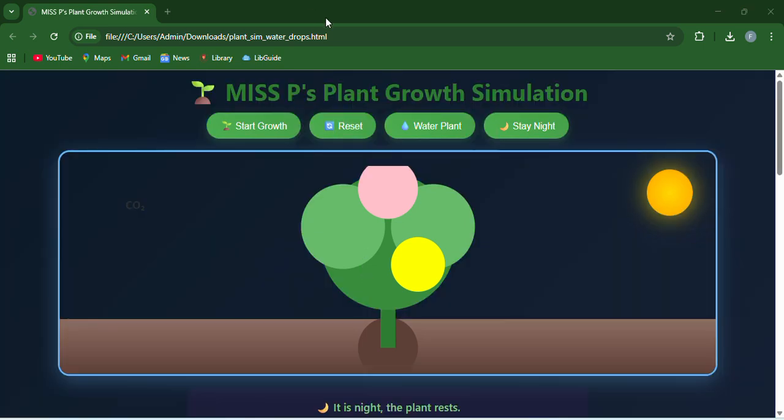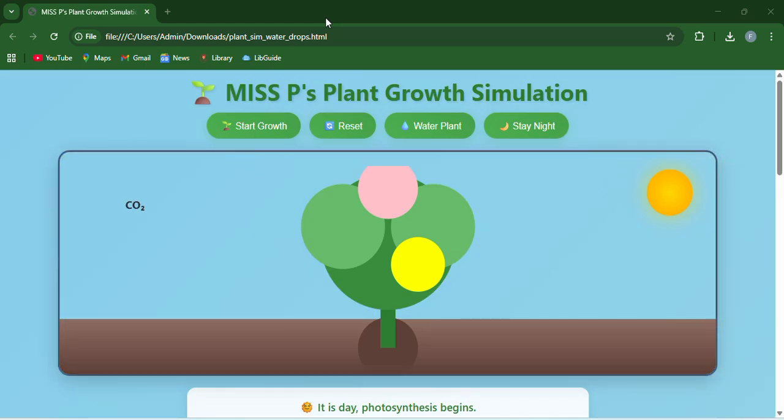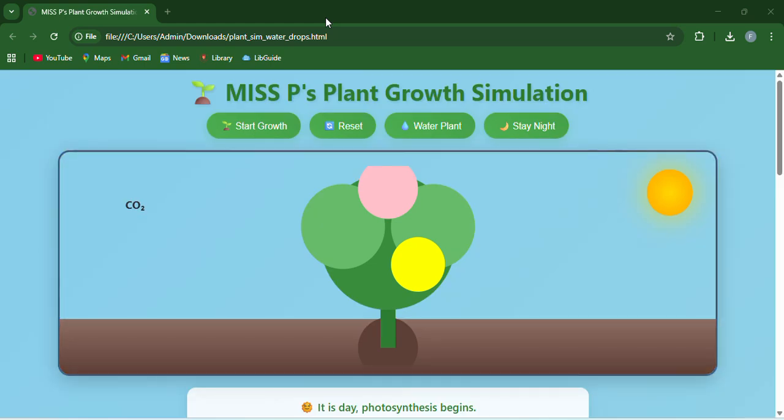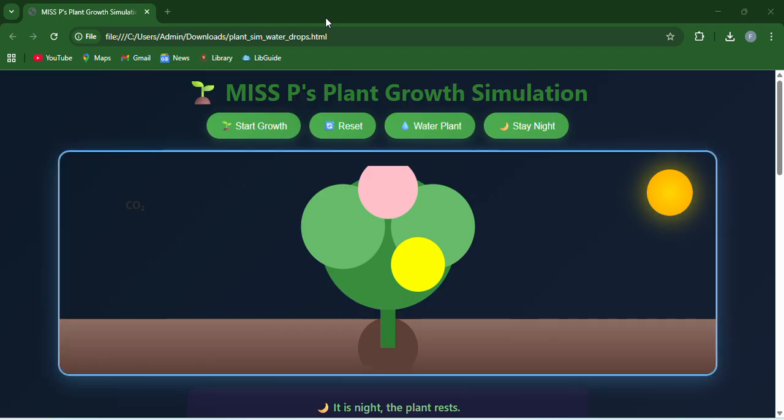Now you would note that here on my far right there's an icon that says stay night, and you're probably wondering why. It's because I'm trying to see how my learners are going to come up with conclusions or predictions.